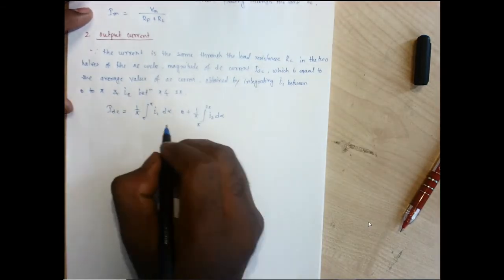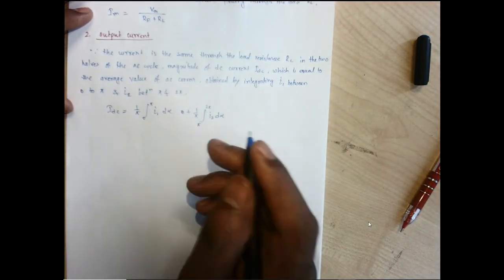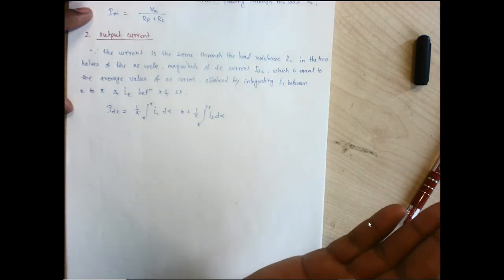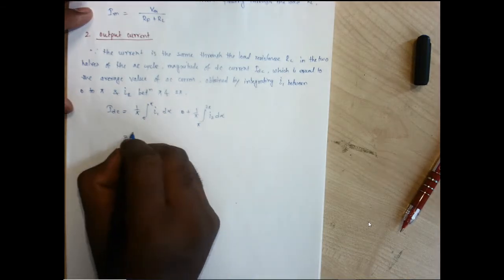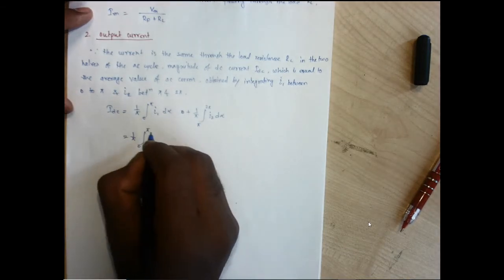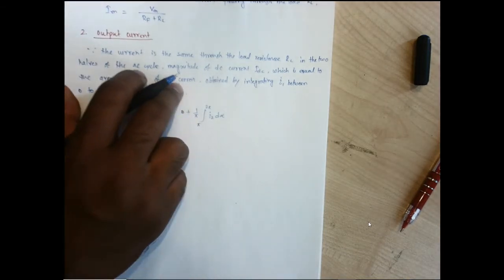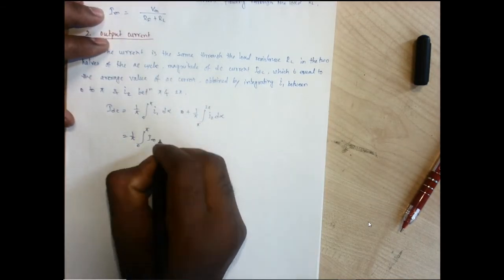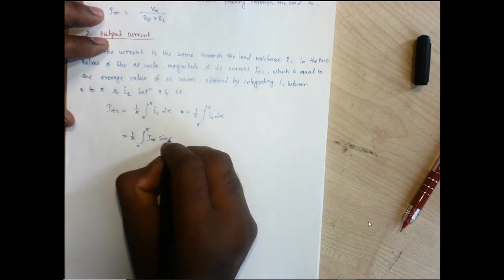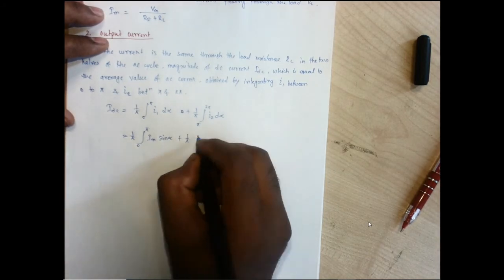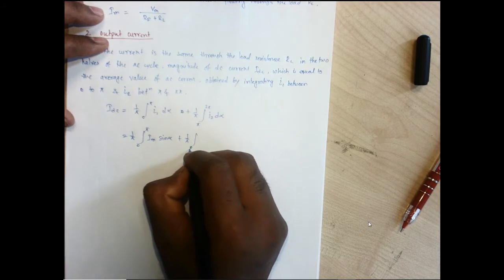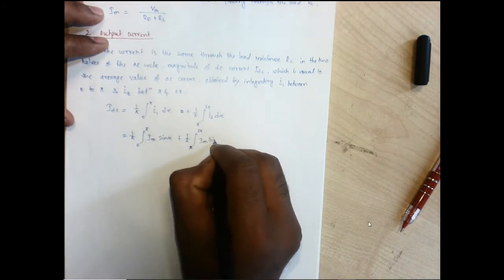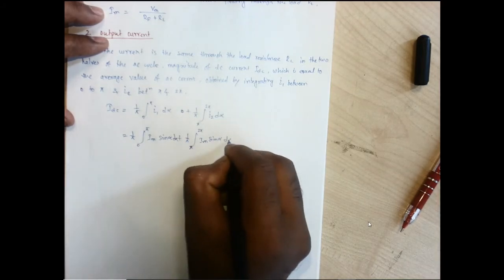These two are the same, so we need to consider twice of them. I1 is Im sin omega t, and I2 is also Im sin omega t. So 1 by pi integral 0 to pi Im sin alpha d alpha plus 1 by pi integral pi to twice pi Im sin alpha d alpha.